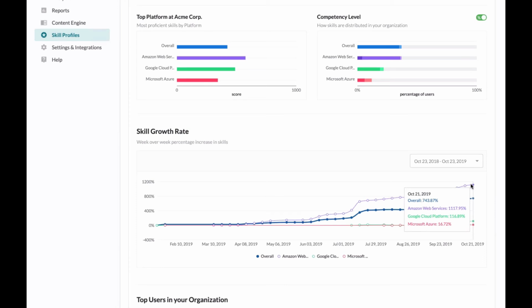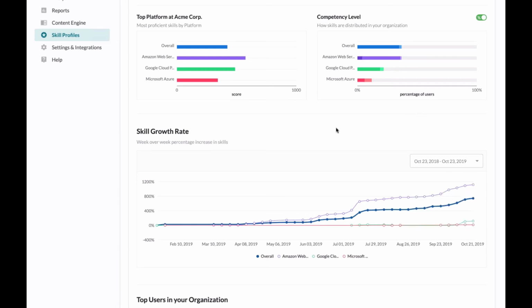Meaning that if you compare the skills of the people of the company 1 year ago to today, the skills grew by 1,000%. So it seems that Cloud Academy is very helpful to improve the skills of people.